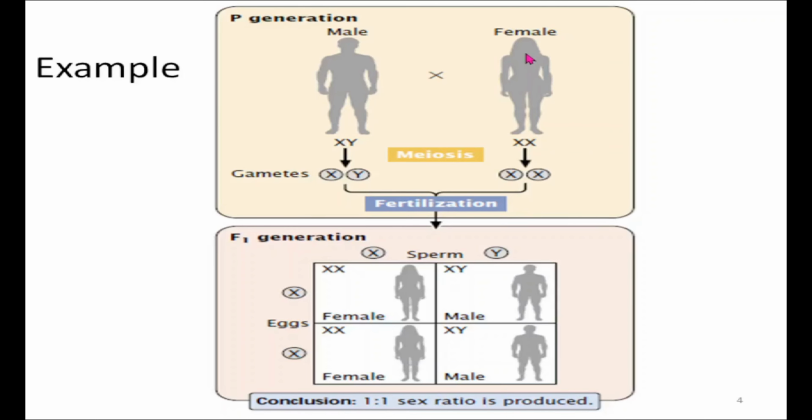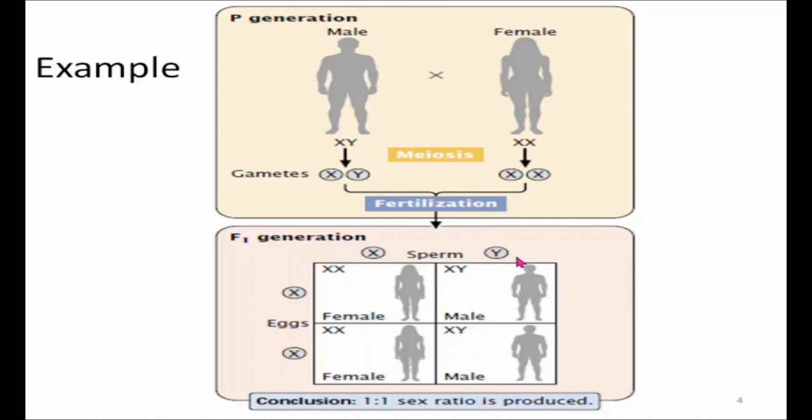And from the female, X and X are the chromosomes to be distributed to the gametes. So during fertilization, if the gamete with the X chromosome comes from the male and X from the female, then it will be XX and the individual will be female.